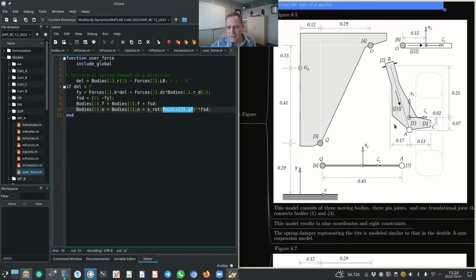Okay, so now let's look at S rotated, that function, and the transpose of S rotated. To understand that, and I did refer to it in a previous lecture, but it is also explained in Prof. Nikravesh's textbook, specifically on pages 17 and 18.